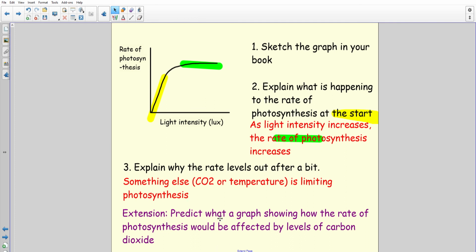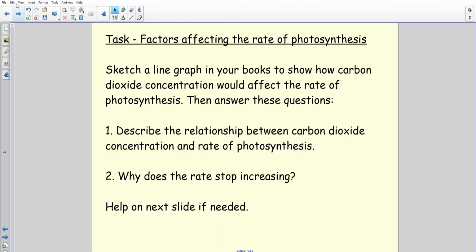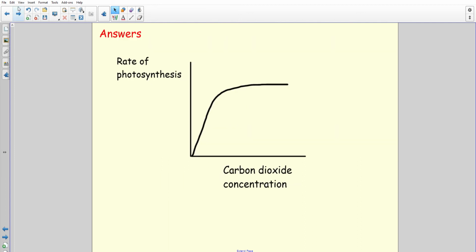Right, so onto the extension. Predict what a graph would look like for the levels of carbon dioxide. It would look like this. It's very similar to the light.